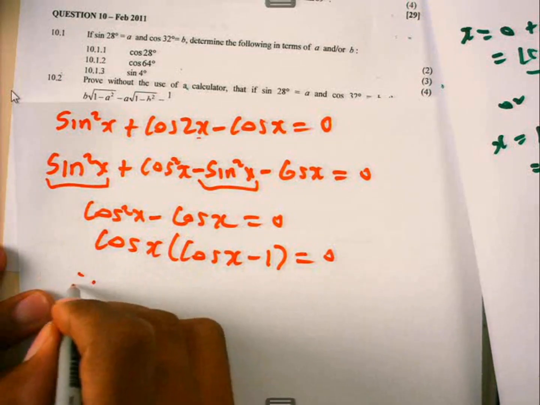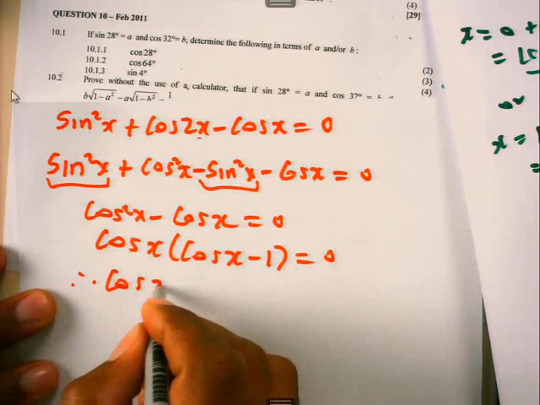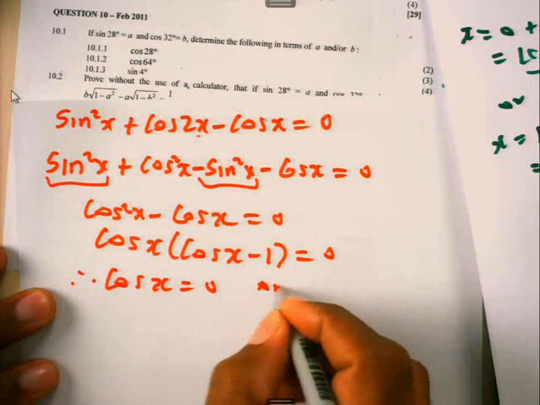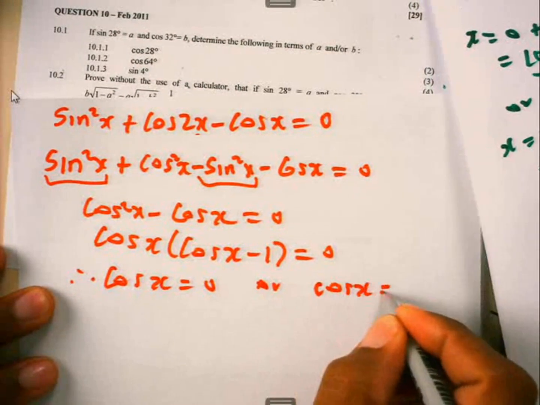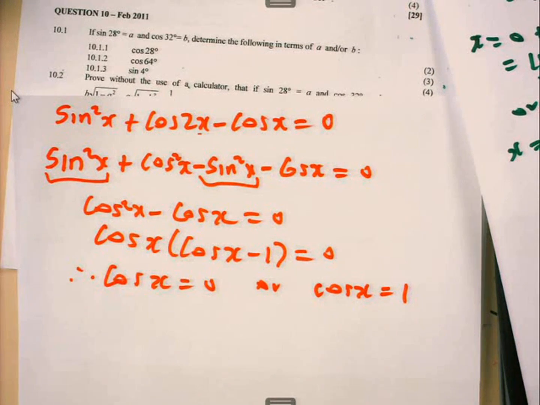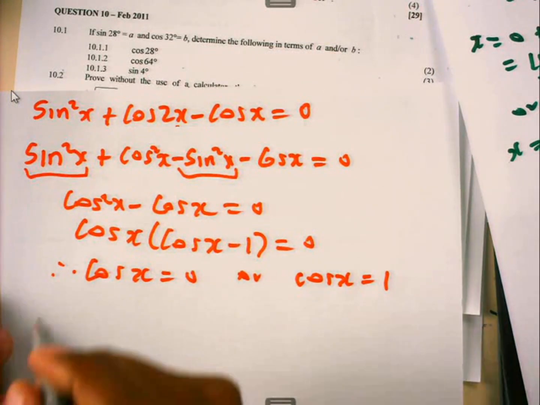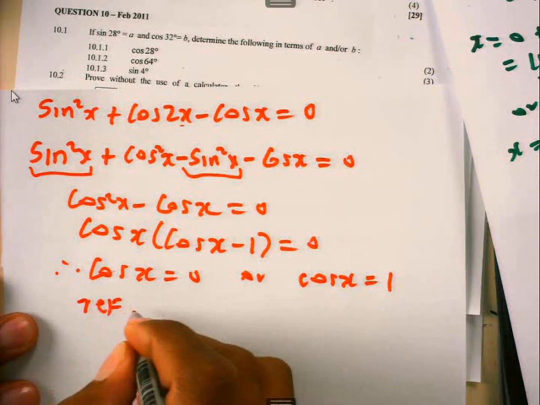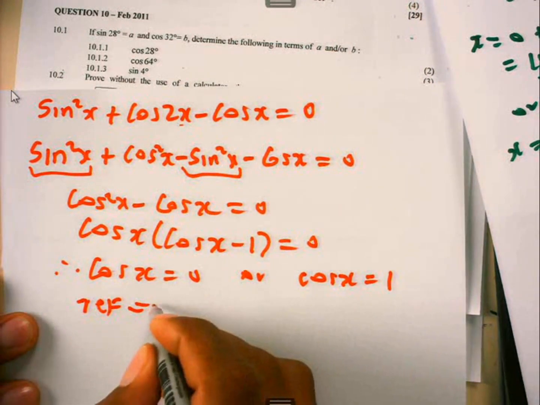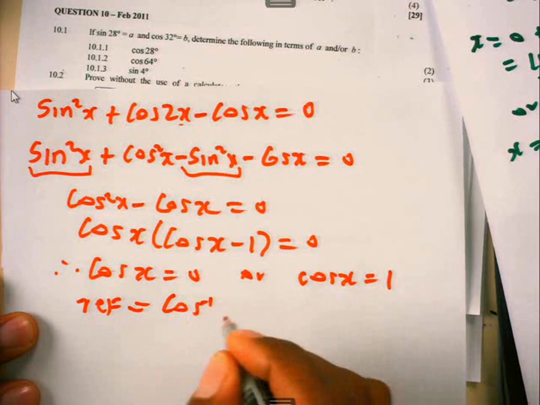Then now look, therefore here, cos x is equal to 0 or cos x is equal to positive 1. You know from here what you must do: you determine the reference angle. What is the reference angle? Of course, that is the inverse of 0.